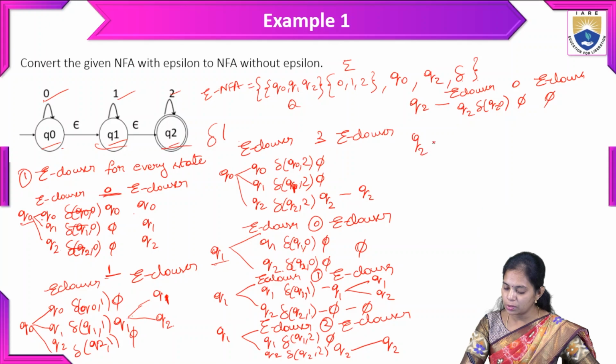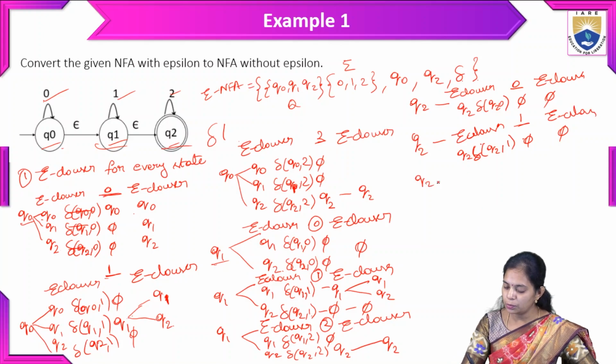And for the Q2 state, we need to find for the 1 input and its epsilon closure. Transition of Q2 comma 1 input, there is nothing, so the phi value, and the epsilon closure is also phi.